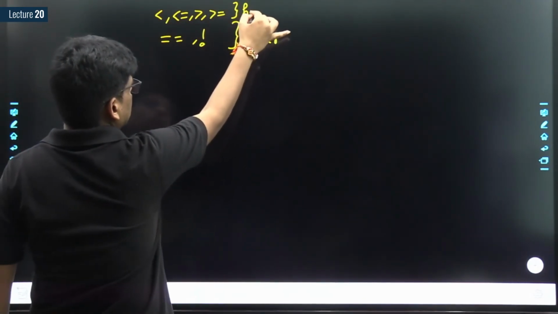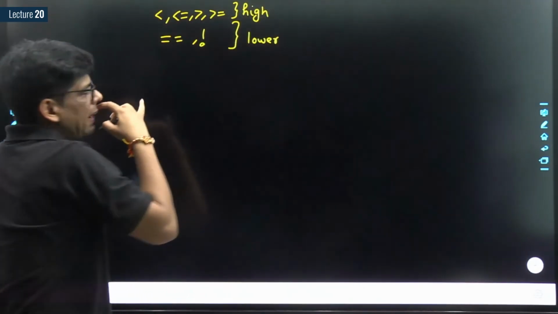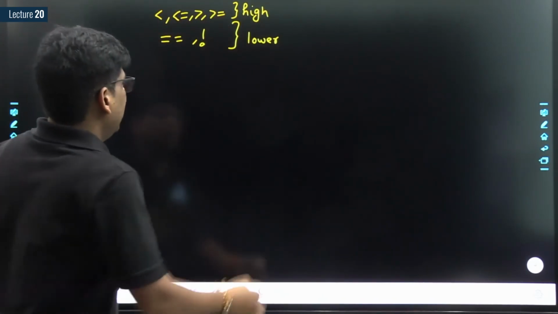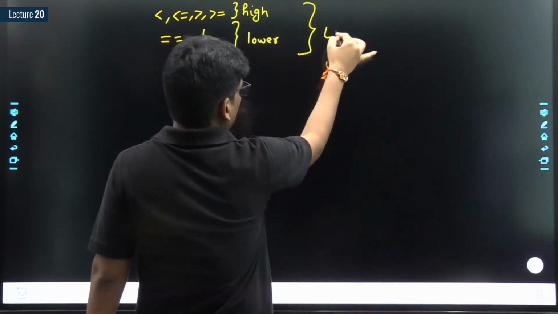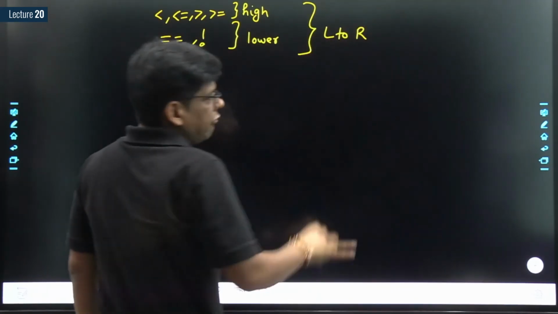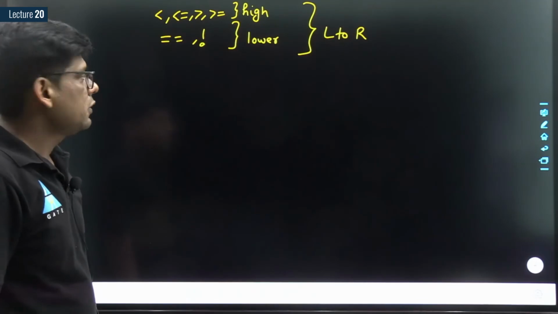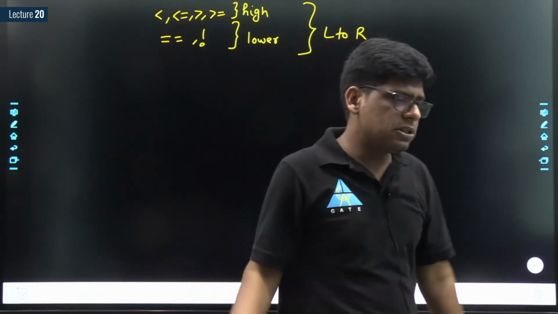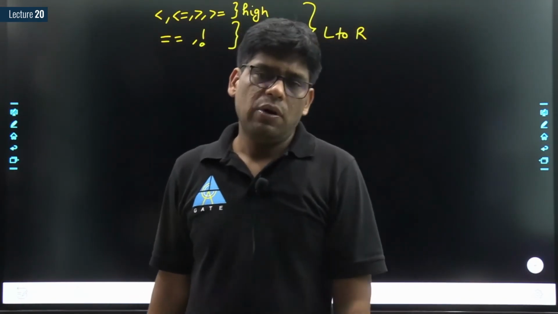In C language, the priority of these 4 operators is higher as compared to these, but the associativity of all of them is from left to right. So if we know this concept, we can solve every question based upon these operators.